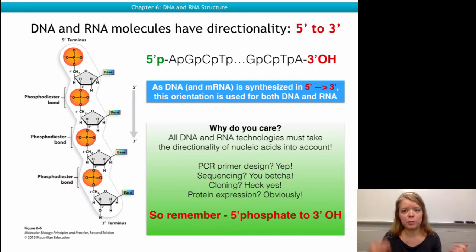And why is it 5' to 3'? Because the phosphate is attached to the 5' carbon. And then the next phosphate in a nucleotide chain will be attached to the 3' carbon of the deoxyribose. So hopefully I said 5' to 3' enough times that we will remember it forever, because it will come up.